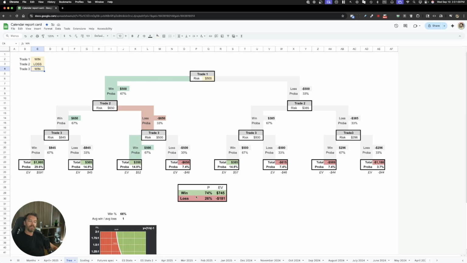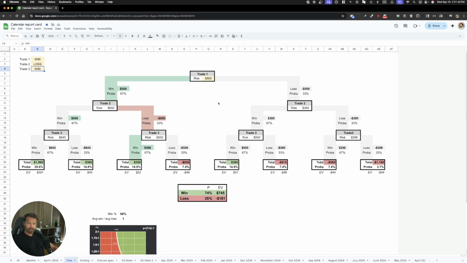Okay? So now, in summary, you have a 74% chance of winning, and you have only 26% of losing. Your expected value is $745 for the winning and negative $181 for the losing trade.